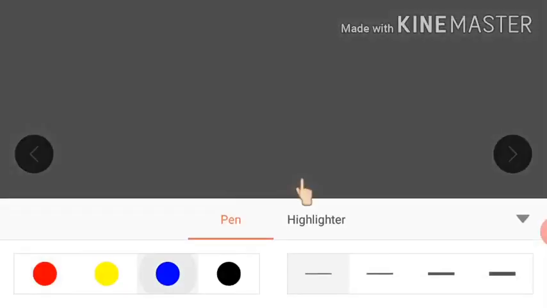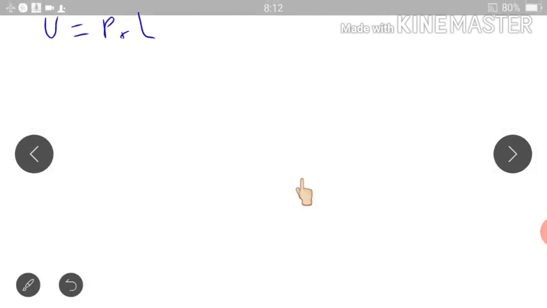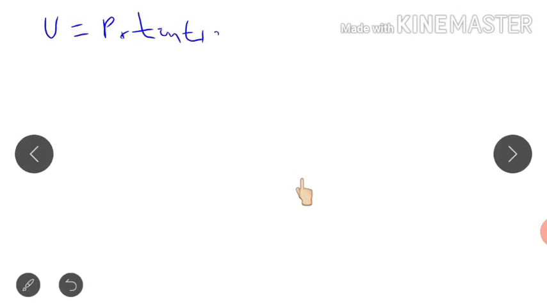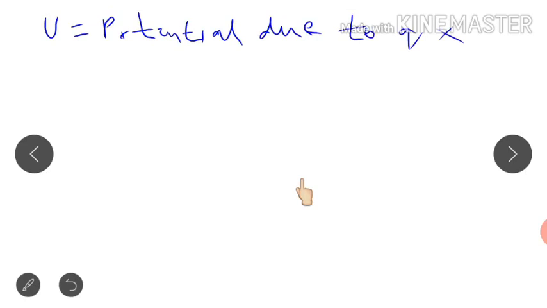We can write U equals potential due to q into charge q0.